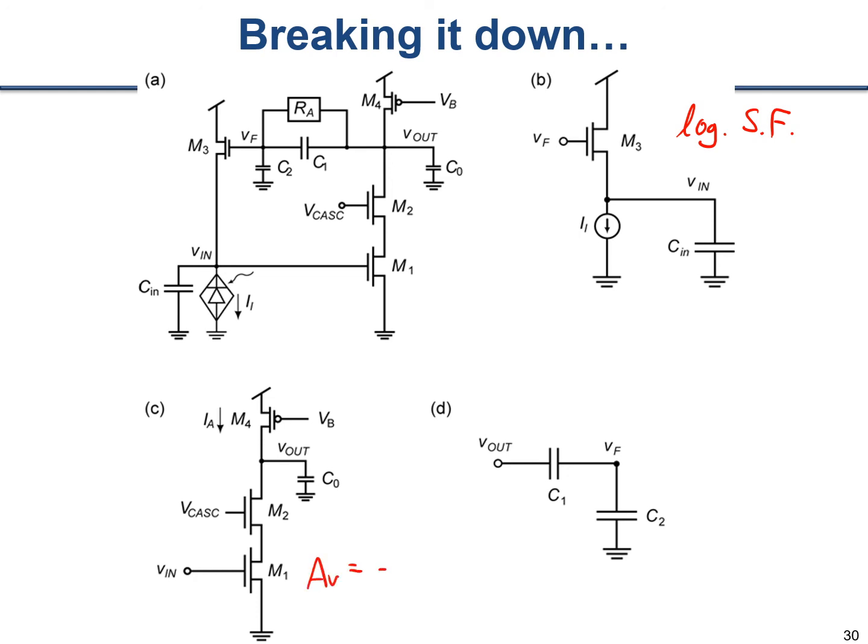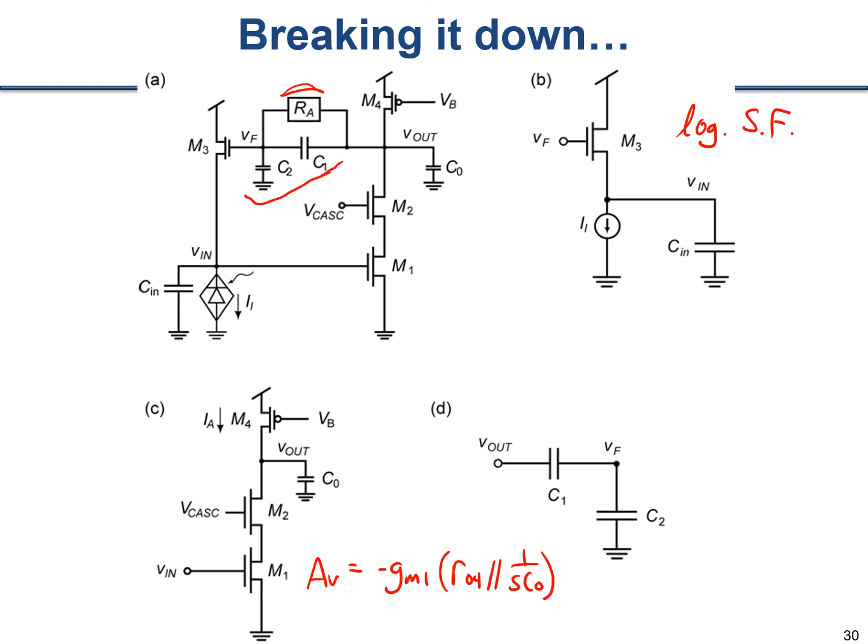Its gain is equal to minus GM1 times the load, which in this case is RO4 in parallel with 1 over SCO. We're going to assume that RO4 dominates here because it's not cascoded, whereas M1 and M2 are cascoded, and so the impedance looking down into M2 is going to be much larger than the impedance looking up into M1. And then this circuit here, we'll ignore for the moment this mysterious RA block.